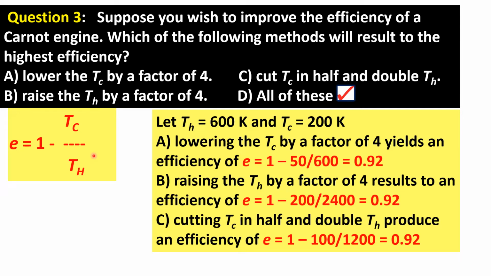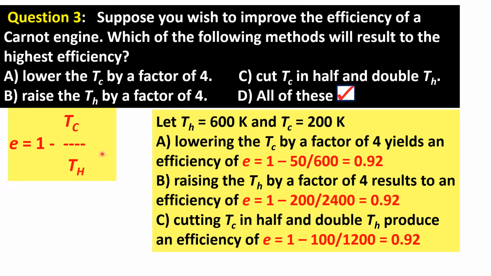But that would require lowering the temperature in the cold reservoir to 0, meaning 0 Kelvin, which in reality is not yet possible. So it is quite impossible to have a heat engine whose efficiency is 100% because of that limitation. Theoretically, it's not yet possible.